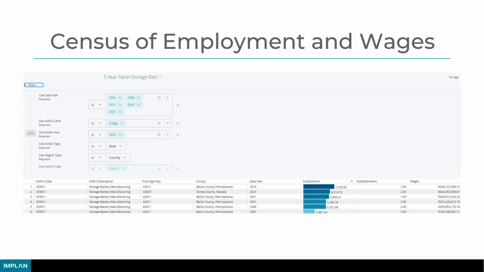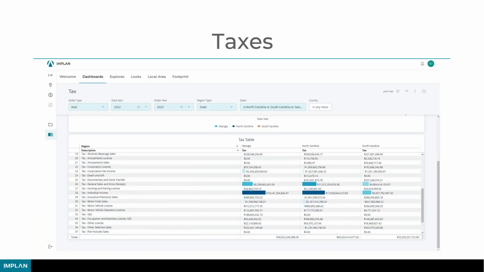Again, all of this data is extractable out of the IMPLAN Data Library. Tax data is also here. So we have tax level data. This one is showing state level. So state level taxes in Georgia, North Carolina, and South Carolina, and allows us to line up and make comparisons across regions.